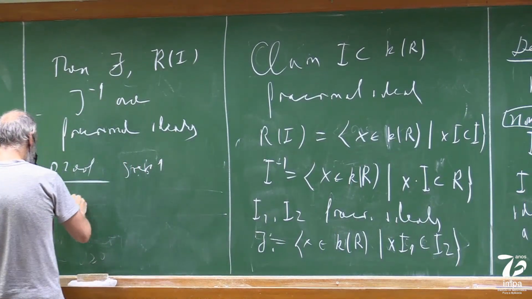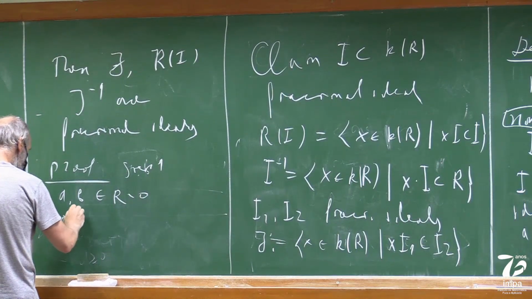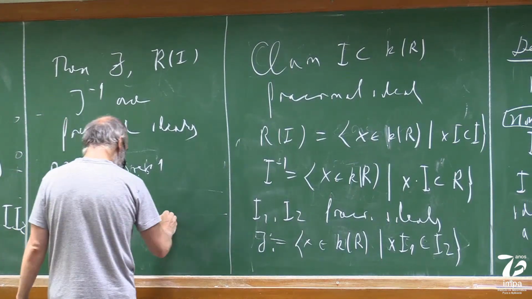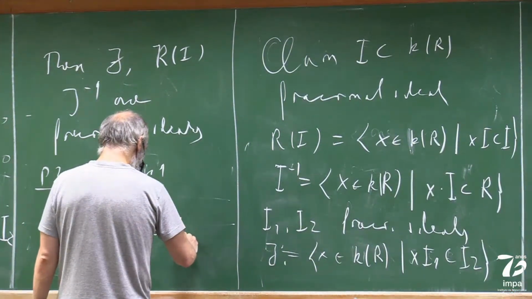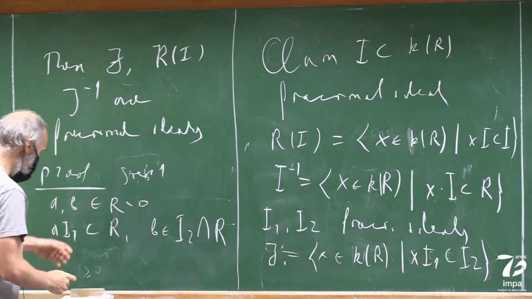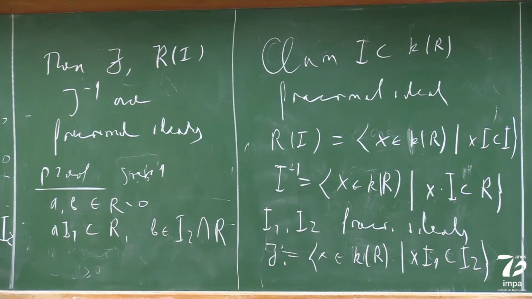We have A and B inside R without 0, such that A I1 belongs to R and B belongs to I2 intersected with R. This is non-empty as we proved, and A exists by the definition of fractional ideal.